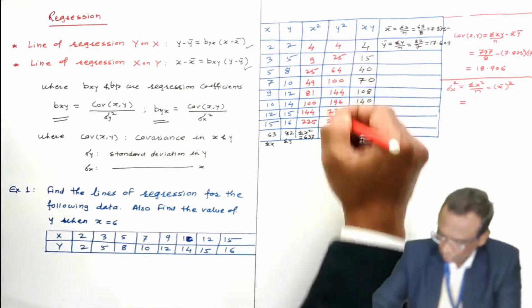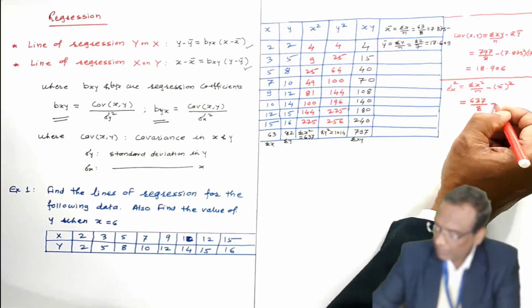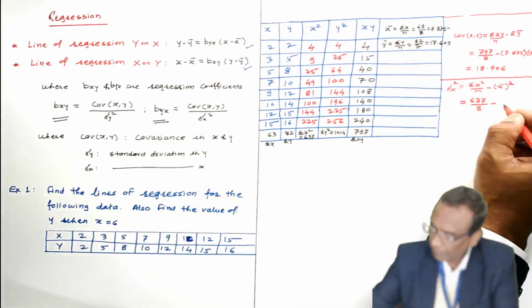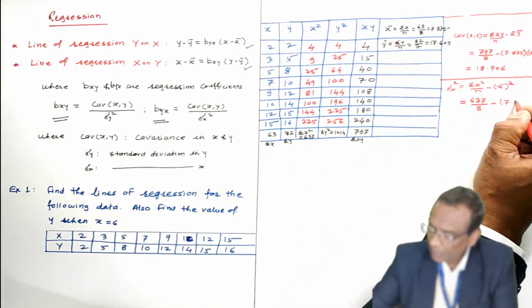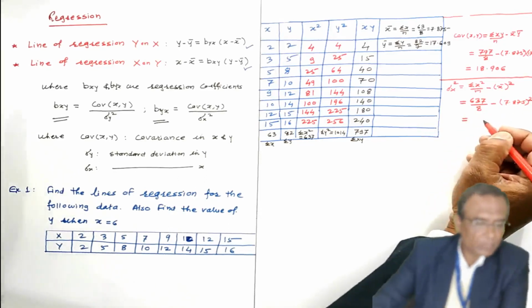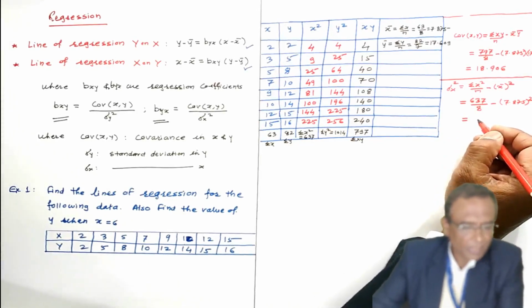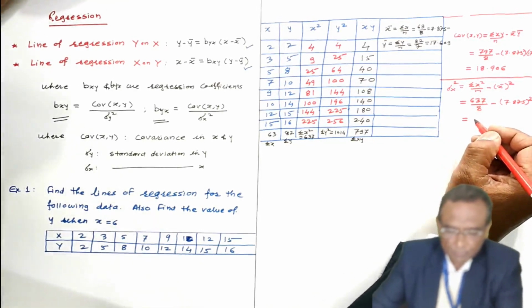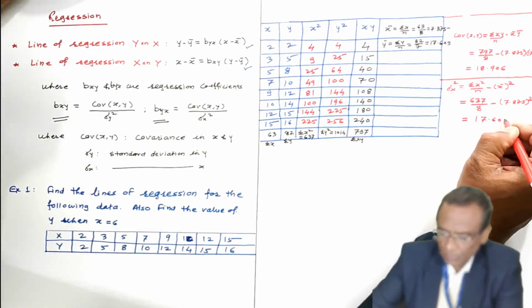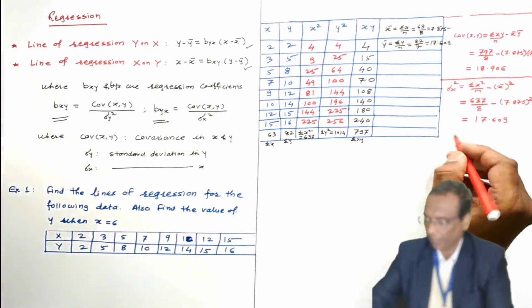Summation x square is 637 by 8, and x bar is 7.875, squared. You can use the calculator and get it. Sigma x square is 17.609.